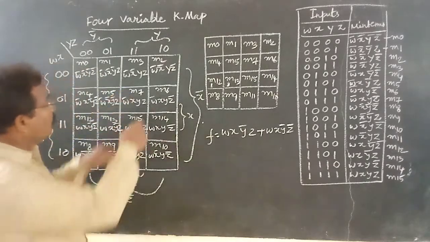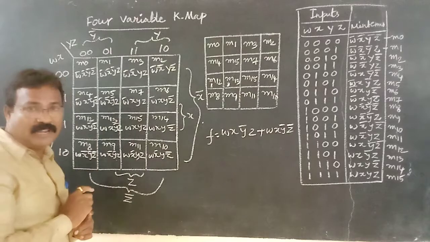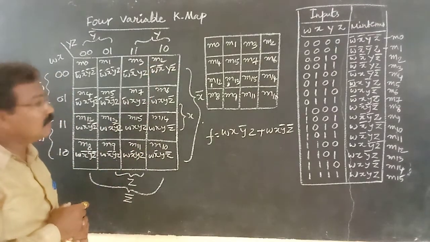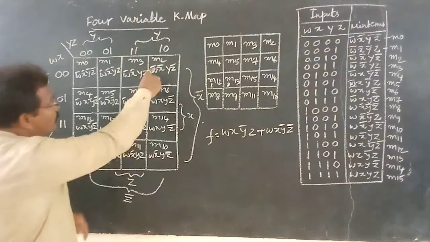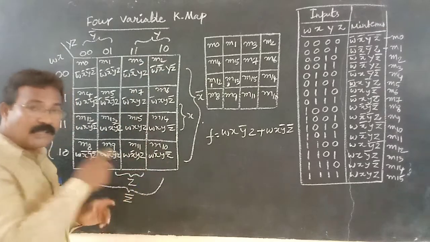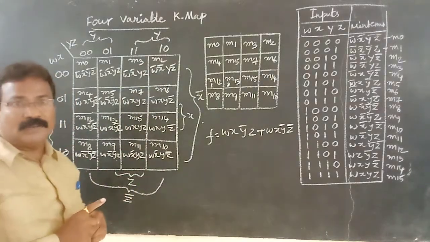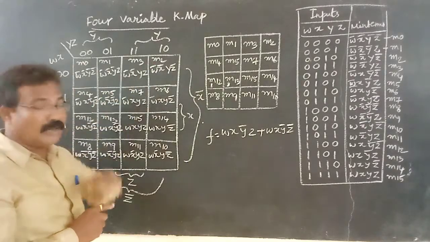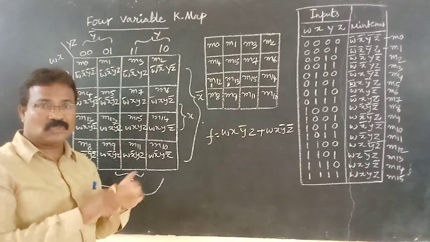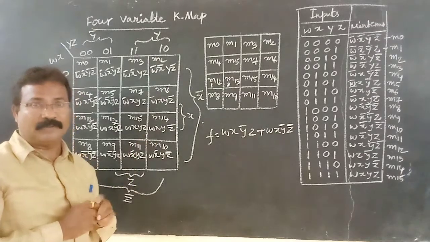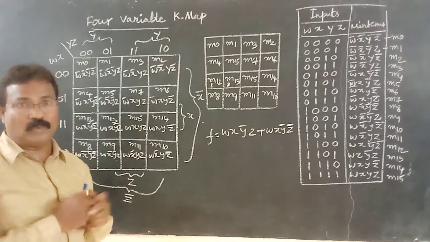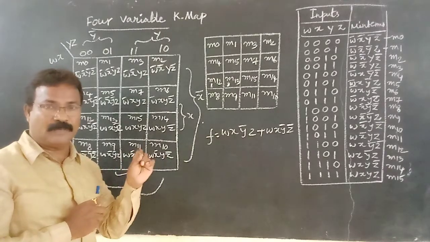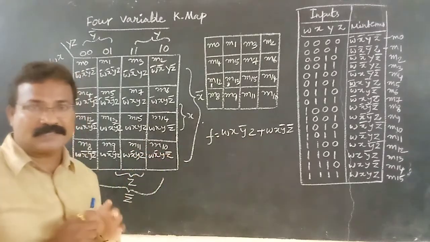The top and bottom squares can be considered as one cell, and the left and right squares can be considered as adjacent cells. While grouping the cells in the K-map, this is a very important point, and we will discuss it later.